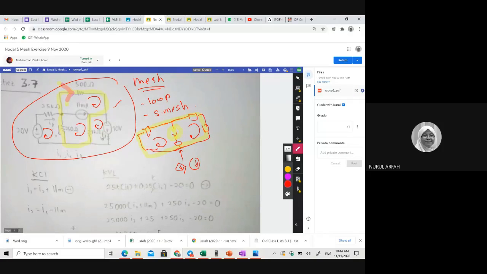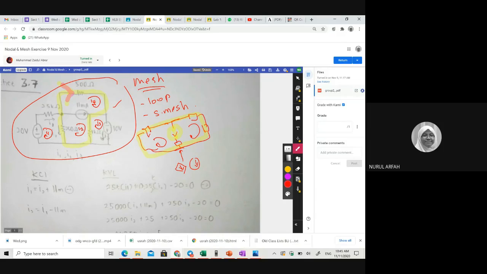Okay, so KCL here, what is this one? You have 11 milli, the same direction minus the opposite direction. Because I'm not sure which one is which, maybe I just put names: I2, I3 and I4. Betul tak?